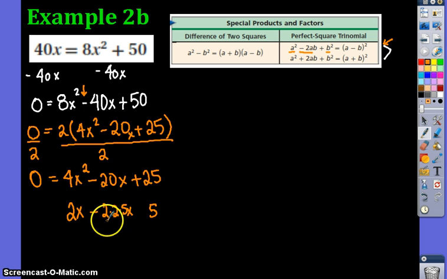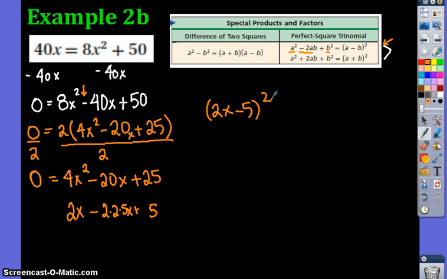So that's where we get the 2 times a times b from. All right, so in a nutshell, when we notice that this is happening, we can say, okay, this is really just the quantity of 2x minus 5 squared.